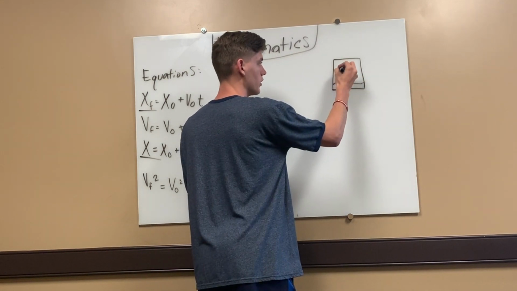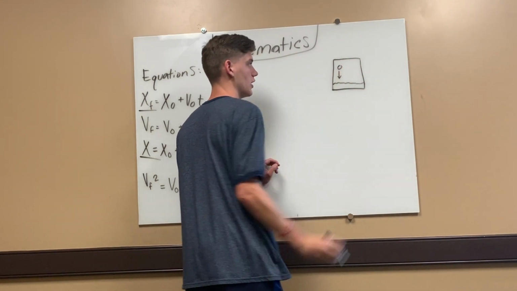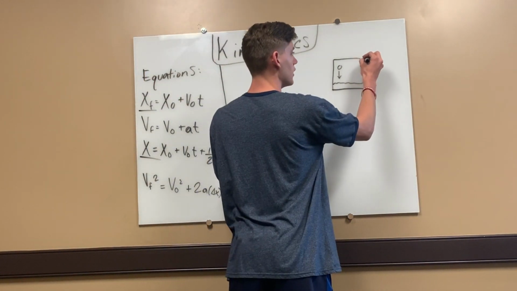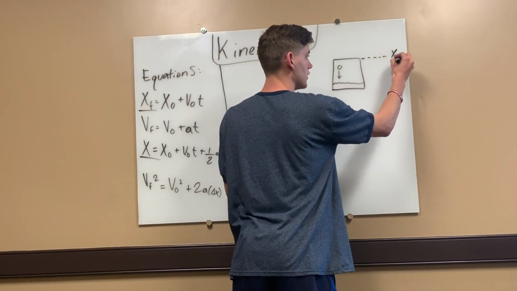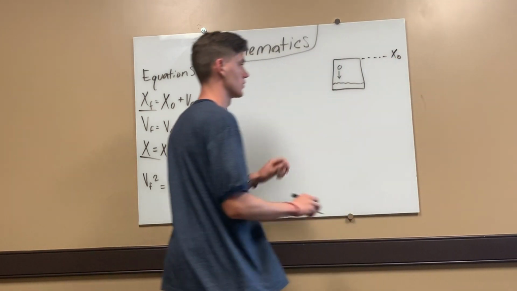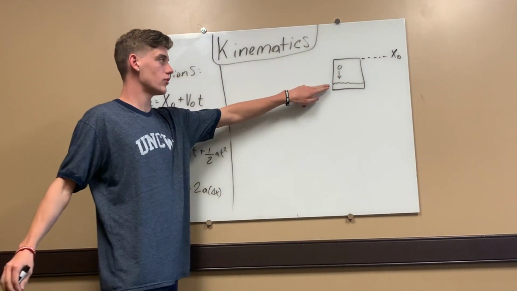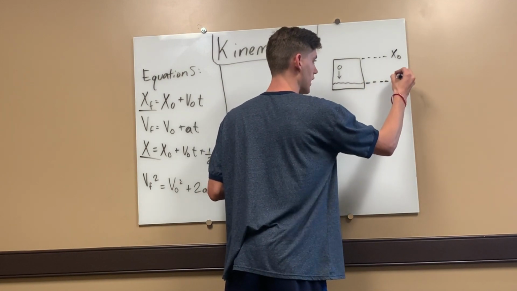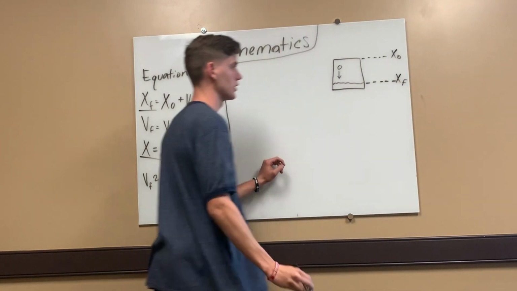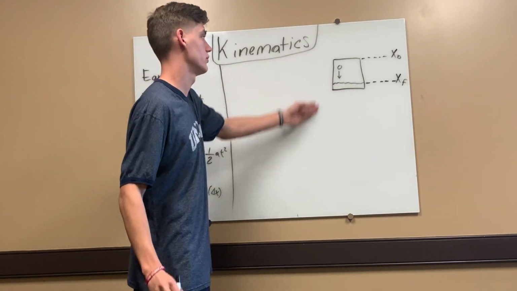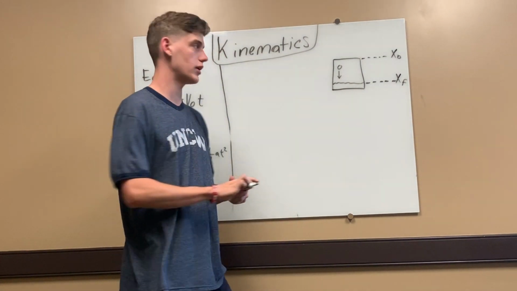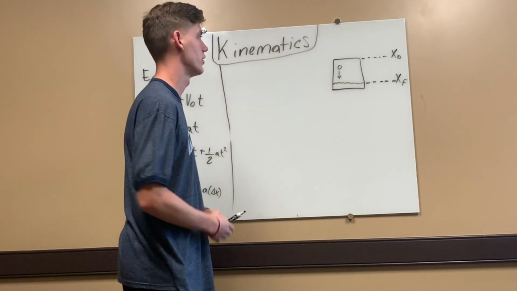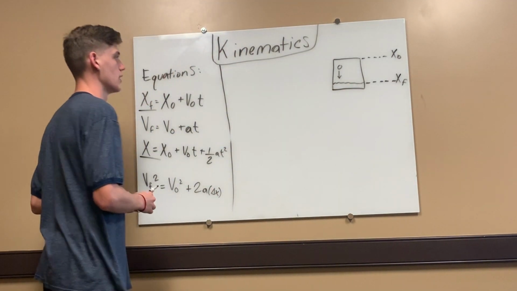Somebody drops a stone from this height right here, which we can call x naught. When it hits the water, that is our final height, because it's asking how deep the well is. It's not talking about the whole well itself, it just means how far the stone falls from its beginning height to the water.